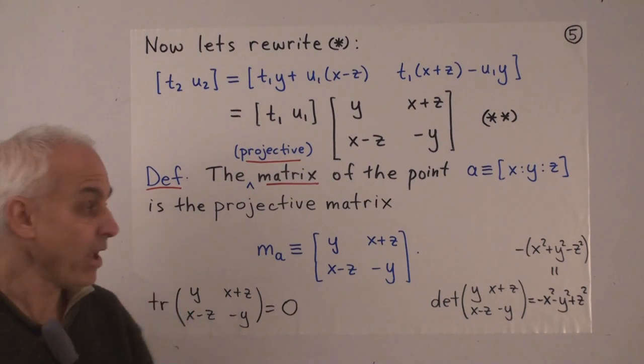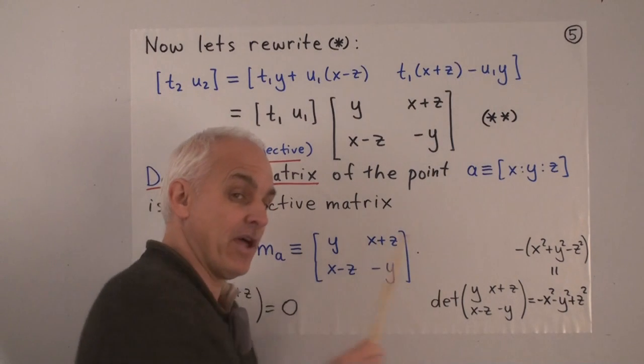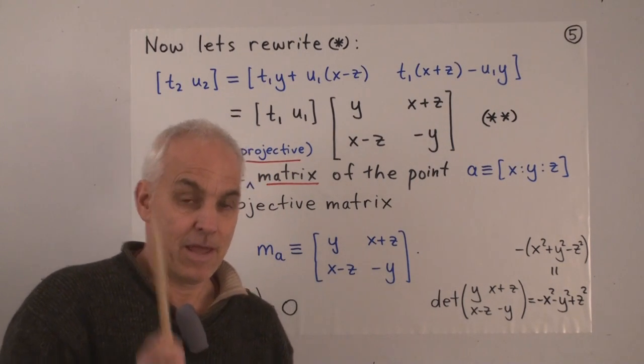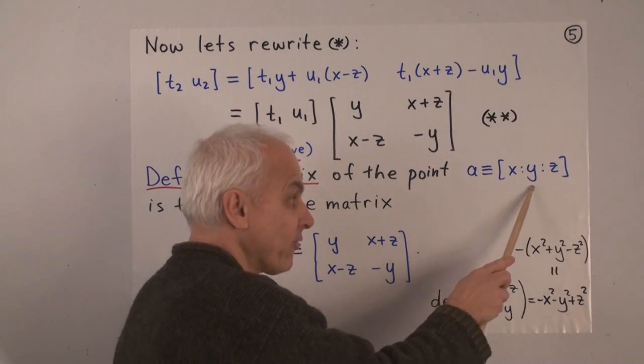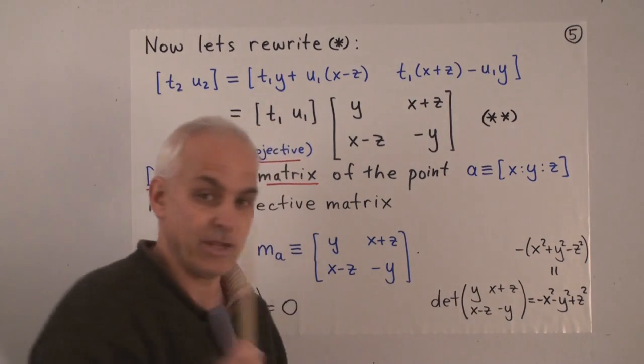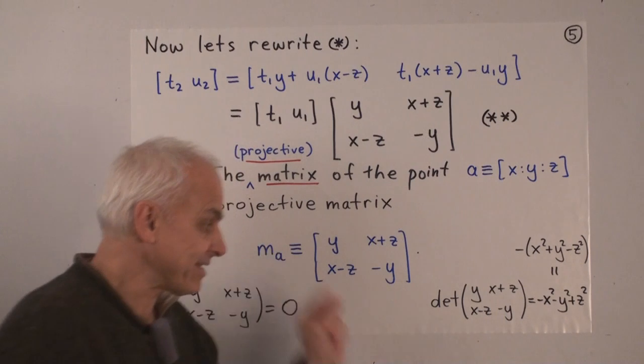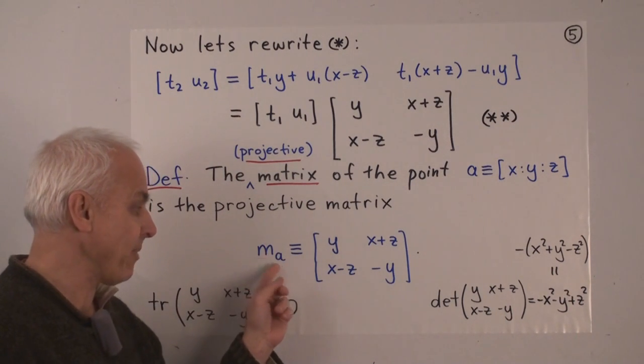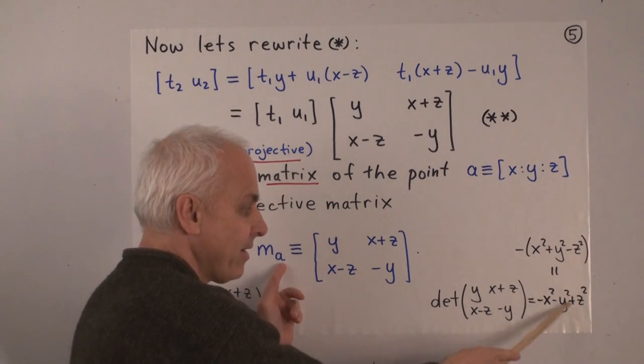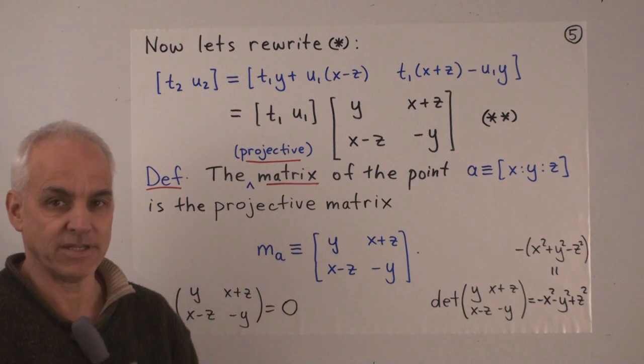Now let me remind you that the point A is a null point precisely when x squared plus y squared minus z squared equals 0. So A is a null point precisely when this matrix M sub A has determinant 0.